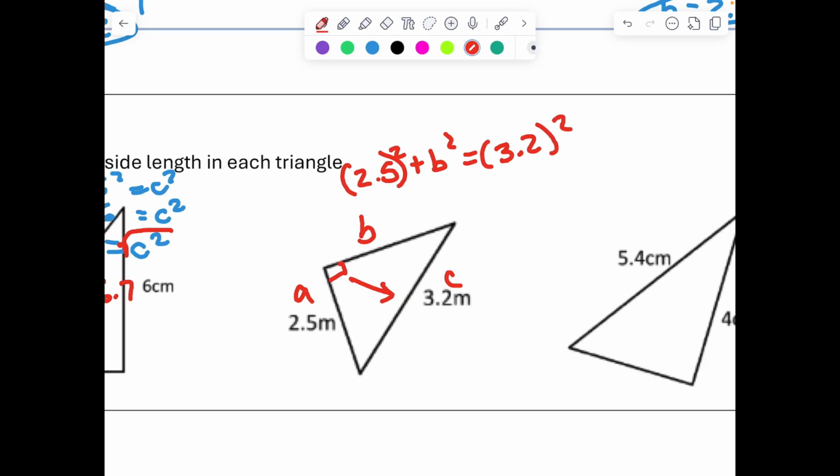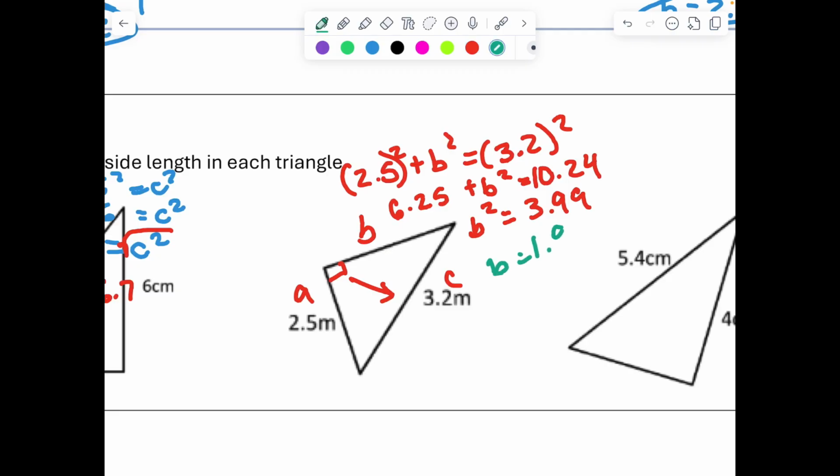So 2.5 squared is 6.25 plus B squared, and then 3.2 squared is 10.24. I'm going to subtract 6.25 from both sides, and that gets me 3.99. And the square root of that is 1.99, roughly.